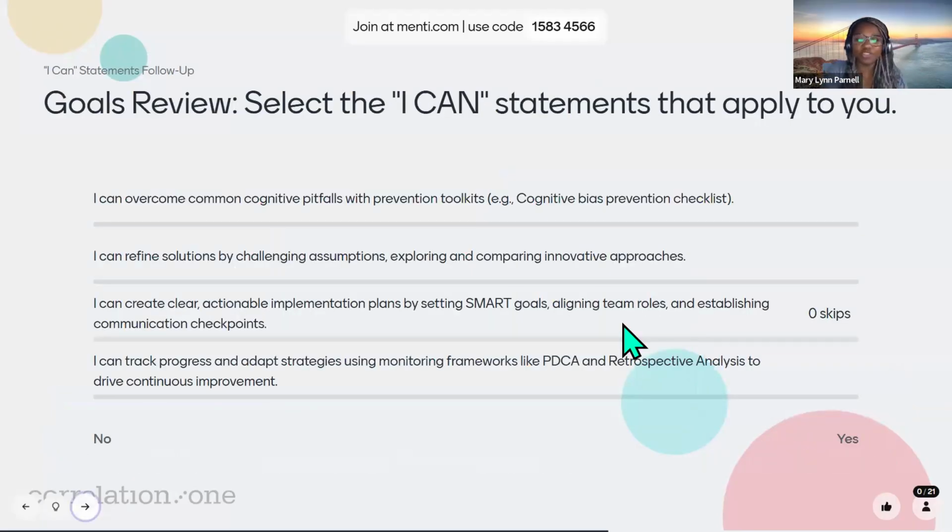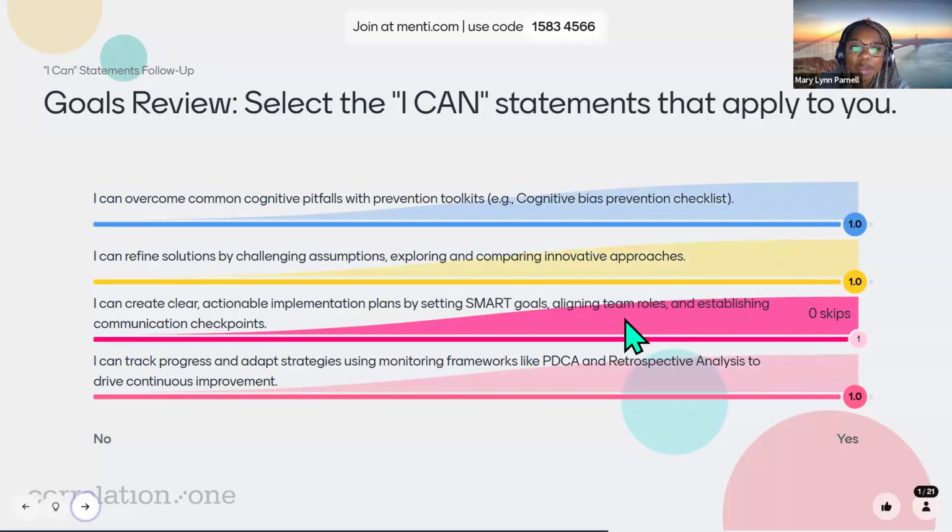So I know it was 2 hours of a lot of content, and I'm hoping that as we are wrapping things up and we're going to get into the reflect and grow and our wrap up quiz, how do you feel now with the I can statements that apply to you? How would you rate yourself in overcoming cognitive pitfalls with prevention toolkits?